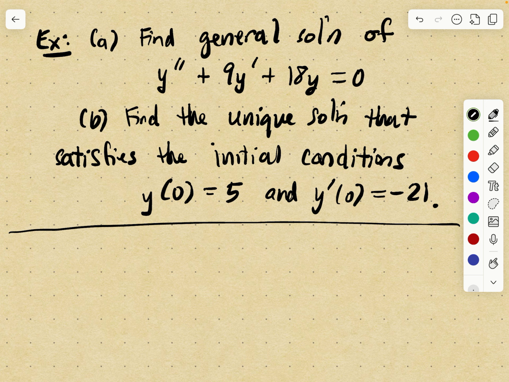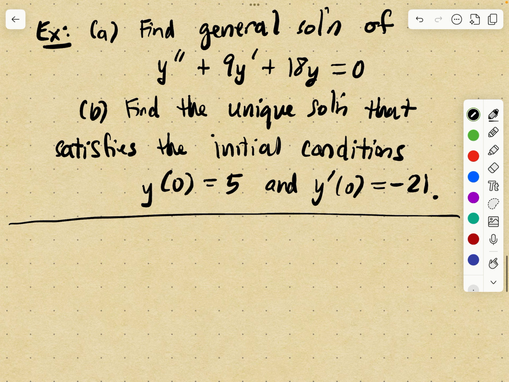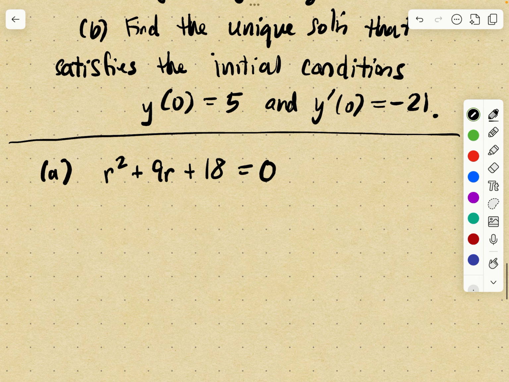Okay, very typical problem. So for part A, we set up the equation, right? The equation is r squared plus 9r plus 18 equals 0. We need to solve for r. If worst comes to worst, we have to use the quadratic formula, but can we factor this? Yes, we can.